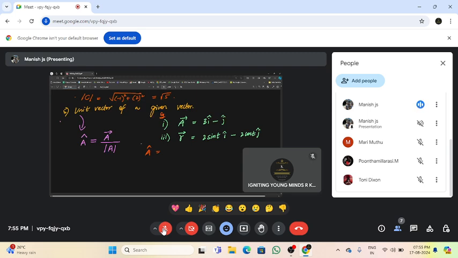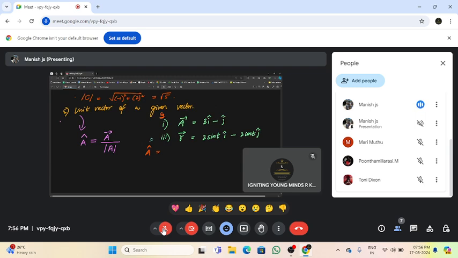You can try it out, children. It is again vector r upon modulus of vector r. So you need to express its modulus. In the numerator, substitute the value; in the denominator, evaluate its modulus, and then simplify it.